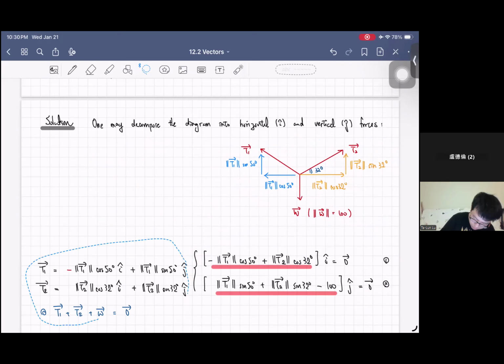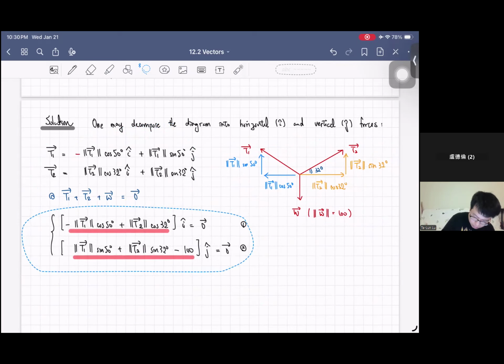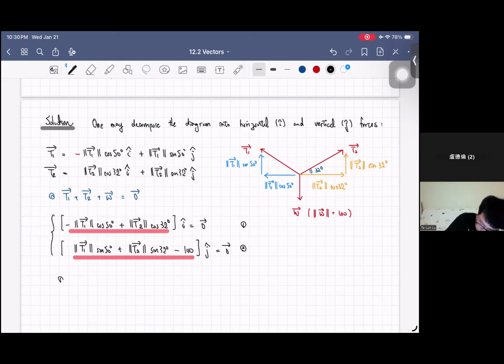This is our decomposition. This is our equation. Say we multiply. I'm using the cancellation method. You can use substitution or any method you like. Say I multiply this by sine 50 and multiply this by cosine 50. You get the same thing here.